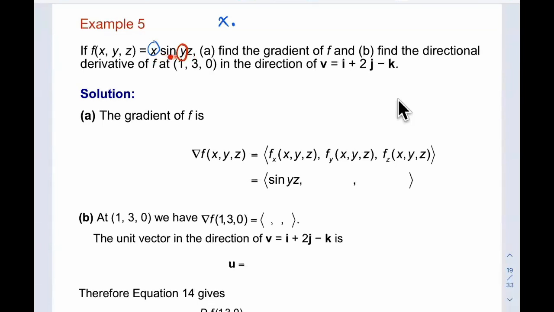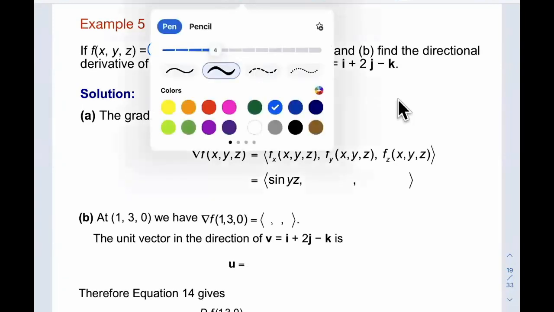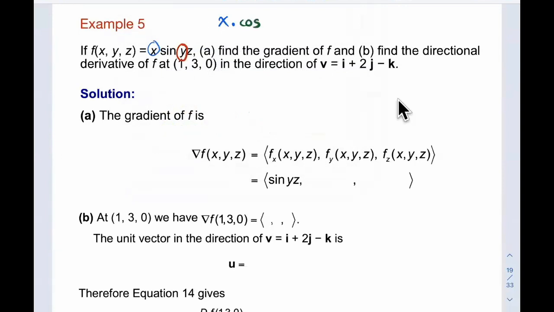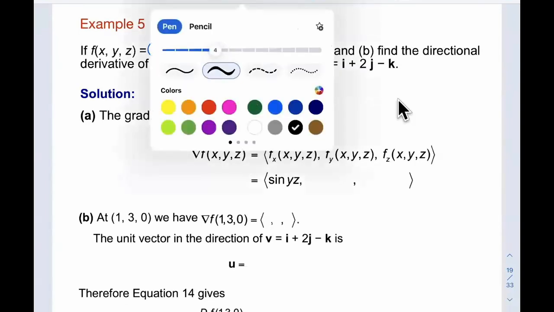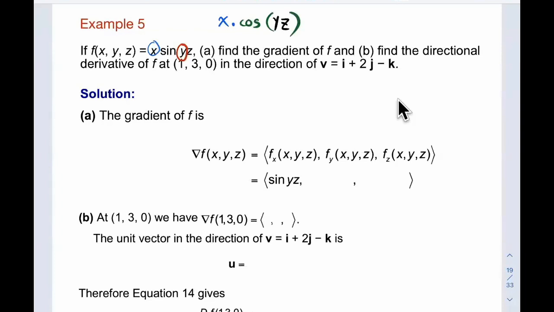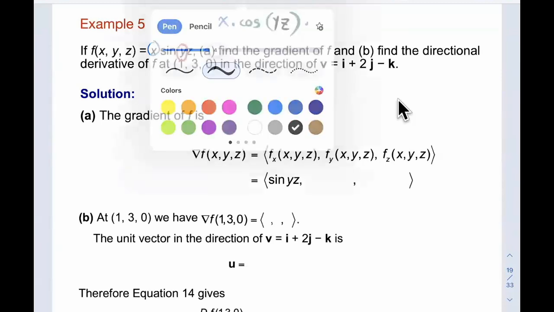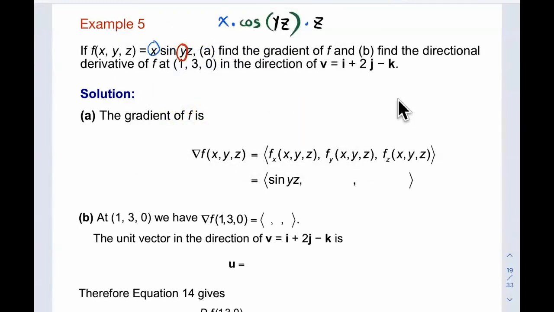The outer function is sine, so the derivative of sine is cosine, and the inner function you just copy, keep it unchanged. Now multiply by the derivative of the inner function. What's the derivative of yz with respect to y? z. So you get z right here. This will be the partial derivative of the function with respect to y.